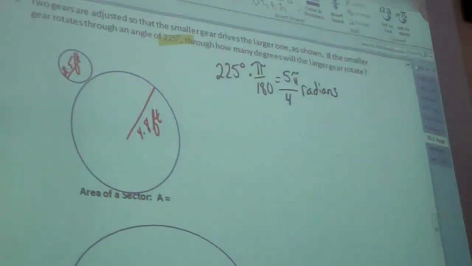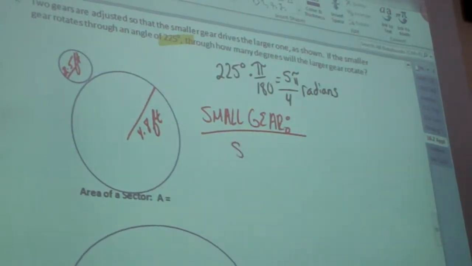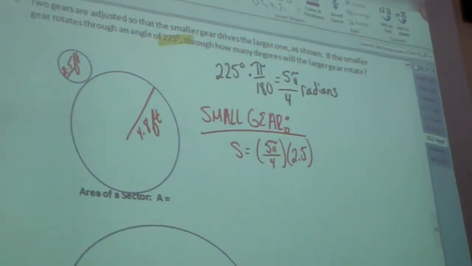So let's talk in terms of the small gear right now. The arc length is 5 fourths pi times 2.5, and that will tell me how much of the circumference this actually went through.